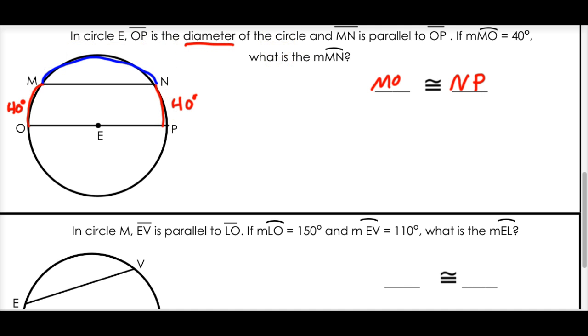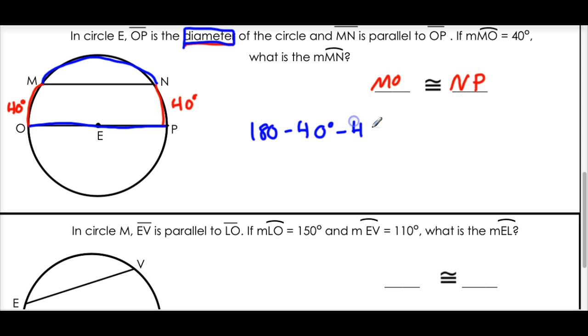How are we going to do that? Well, as I said, diameters are a very interesting word. This word is big. They put it in there for a reason. And that's because it tells us that this is half the circle, right? So we know this whole arc will be 180 degrees. Remember, a diameter intercepts 180 degrees. So to find out what MN is, all I have to do is 180 and subtract these two other little arcs.